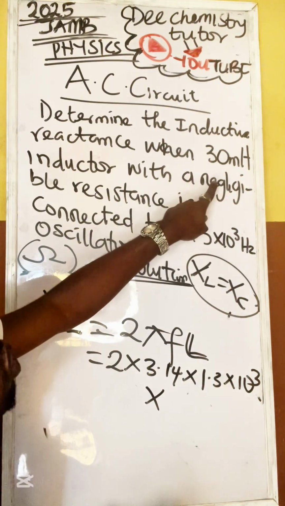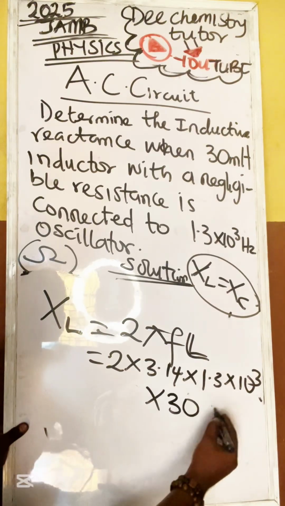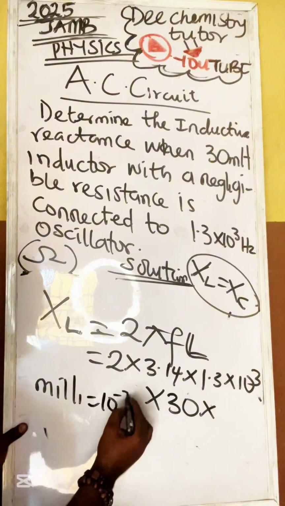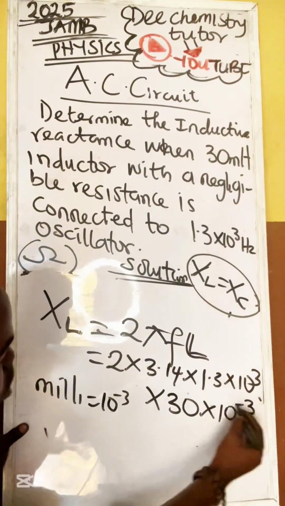Henry is the SI unit, so milli means 10 raised to power minus 3. So that's why this is 10 raised to power minus 3.